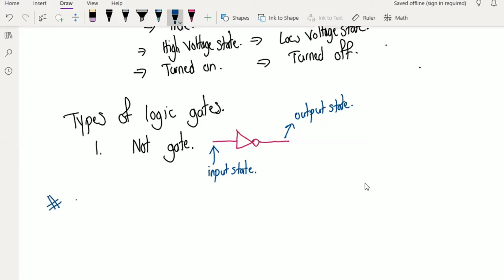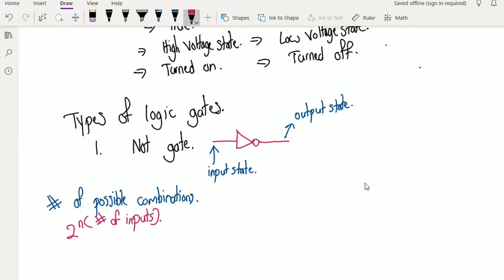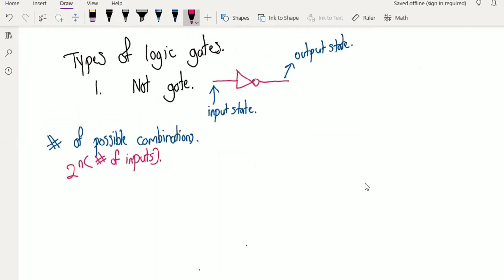I'll just write here the number of possible combinations, and that is based on the formula 2 to the power of n, where n represents the number of inputs. In the case of the NOT gate, the n would be 1 because we only have one input, and so we would only have 2 possible combinations.